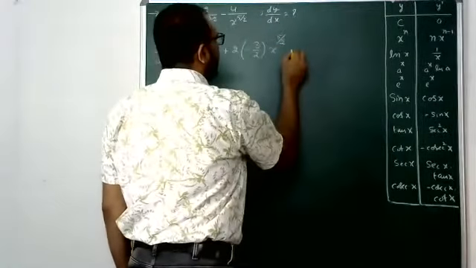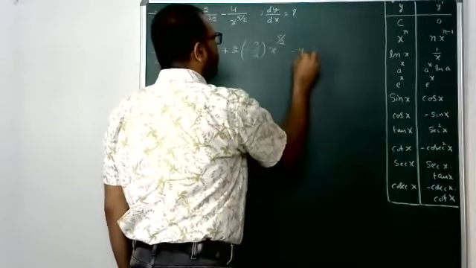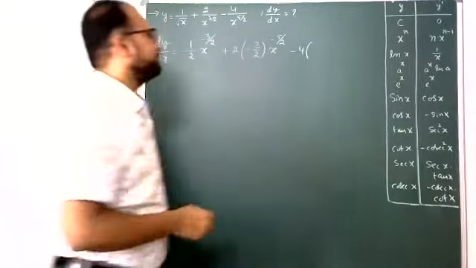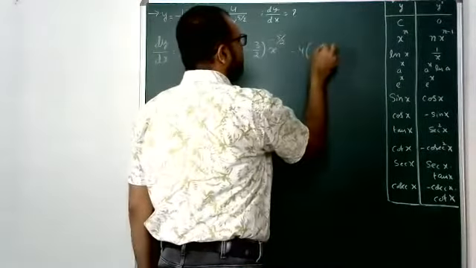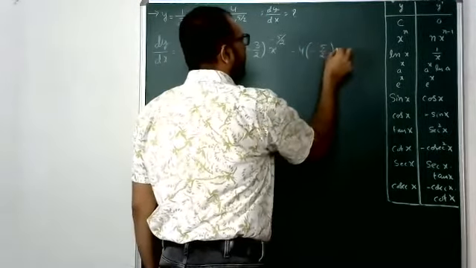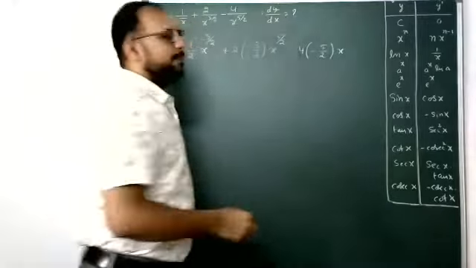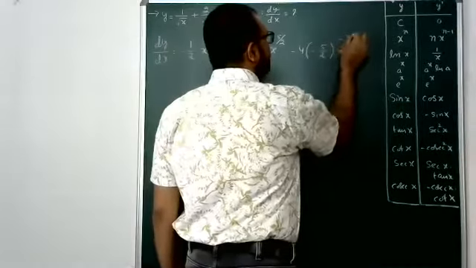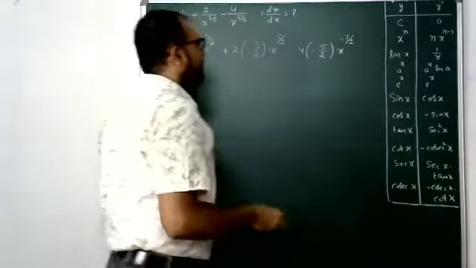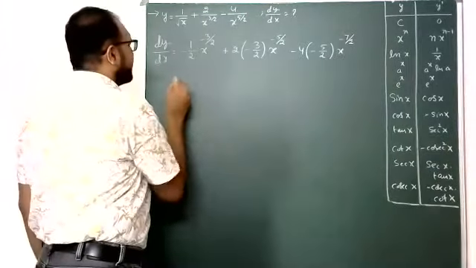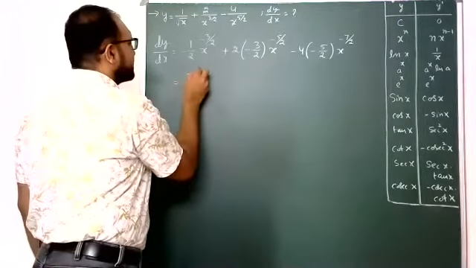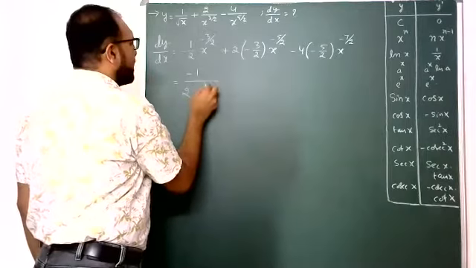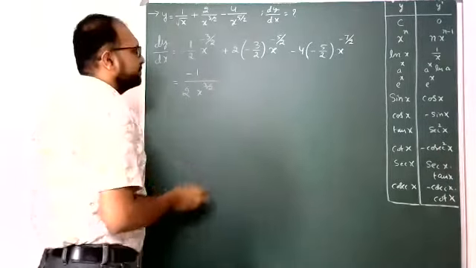Next, minus 4 only, x to the power of minus 5 by 2. That is minus 5 by 2 x to the power of minus 5 by 2 minus 1, minus 7 by 2. After simplification: minus 1 divided by 2 x to the power of 3 by 2, first term.